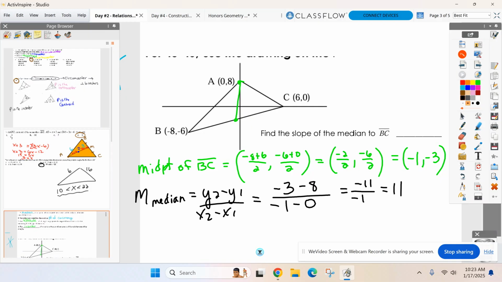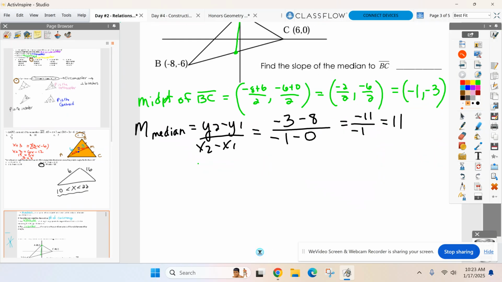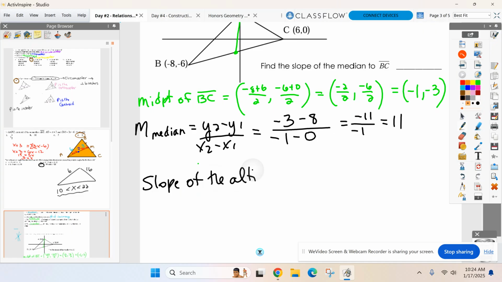Any questions there? I'm going to actually add one to this now. I want to see how you respond to this. What if I asked, instead of the slope of the median, the slope of the altitude drawn to BC?